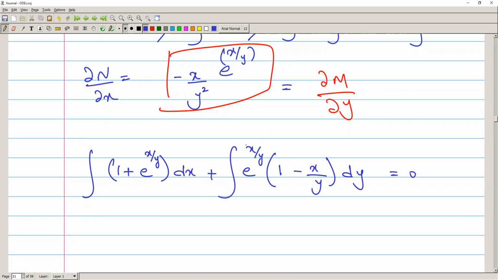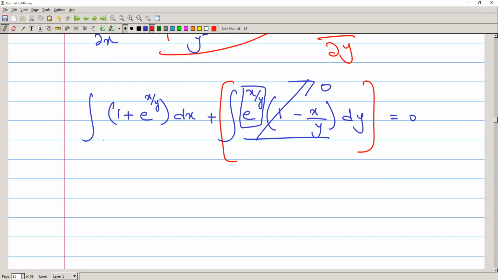So here we can see that this is a function of x and y, where x is also involved and is multiplied by the whole function. So this whole integral is 0. We don't need to integrate this function. So put y is equals to constant and simply integrate the M function.